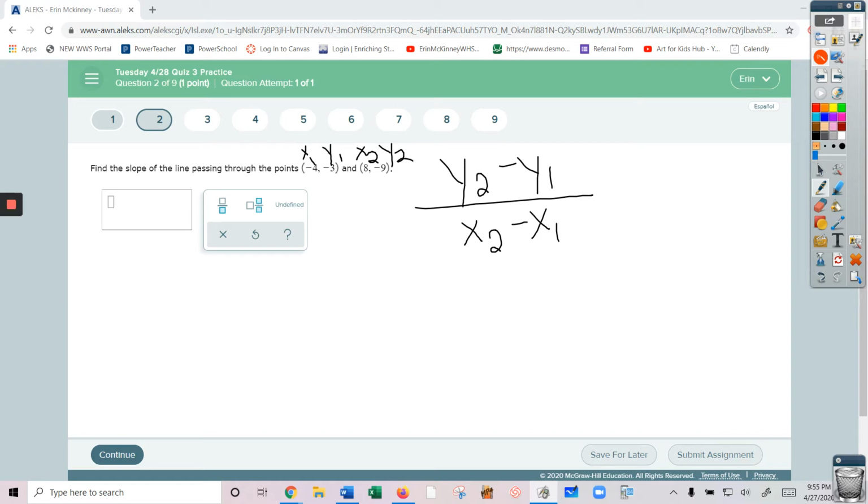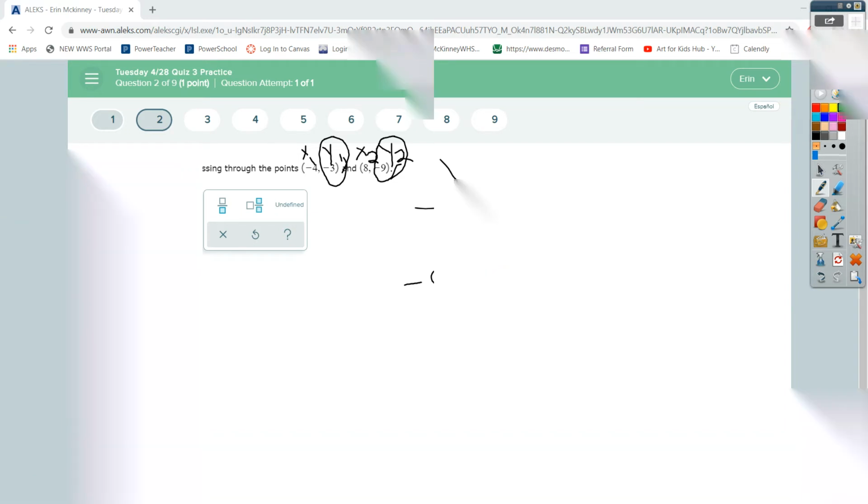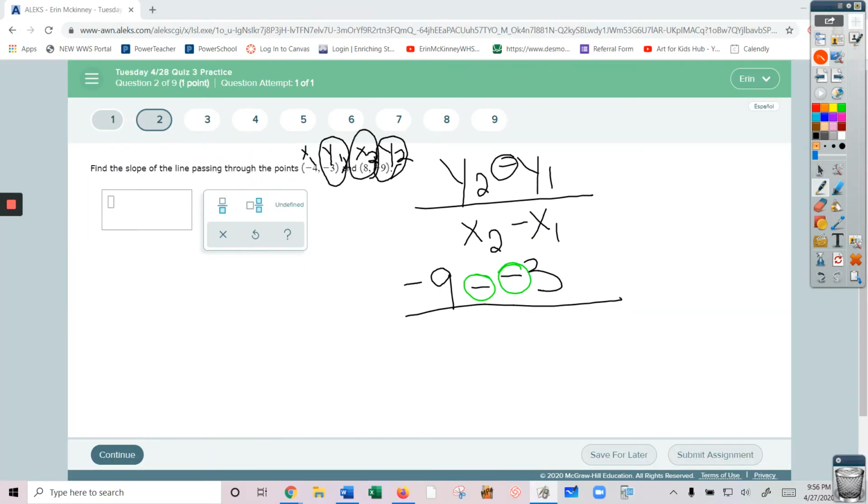Okay, so if we're looking at this, our y2 is going to be negative 9. Then I'm using the subtraction from the formula. And I'm going to put in my y1, which is negative 3. So this first sign here is from the formula, and the 3 is negative, over my x2, which is 8, minus my x1, which is negative 4.